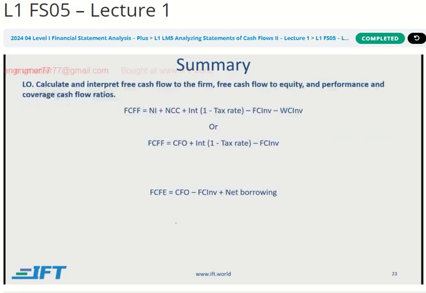And we do have to do projections because we have to come up with FCFF and FCFE. FCFF to value the firm from a debt investment perspective, and FCFE to value the equity portion of the firm only.